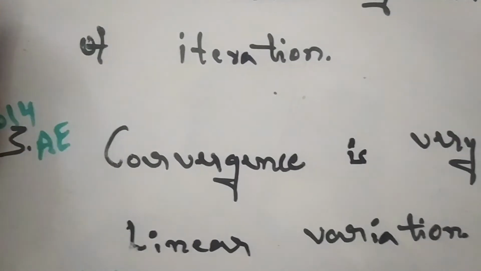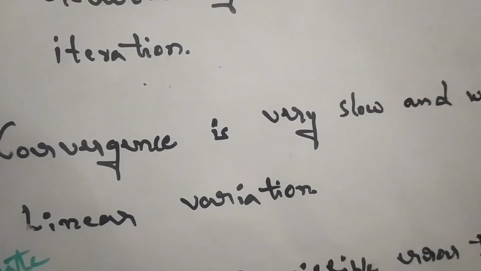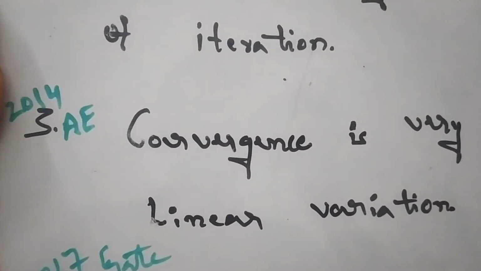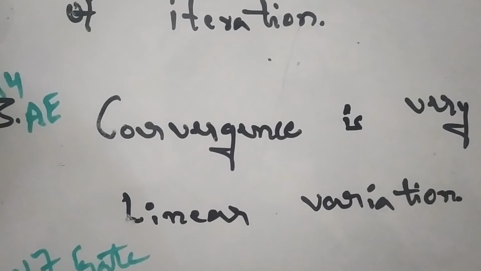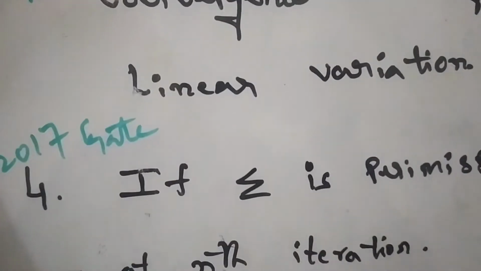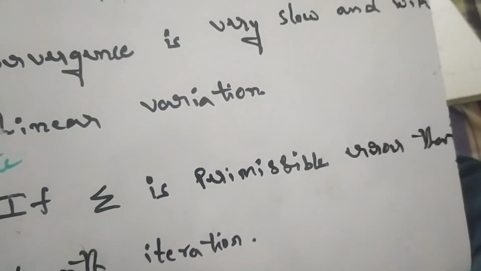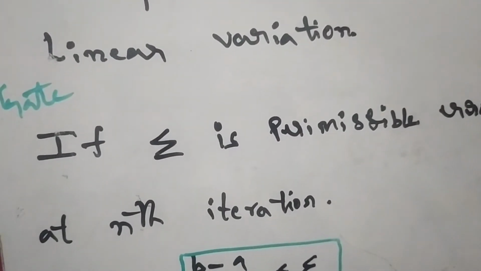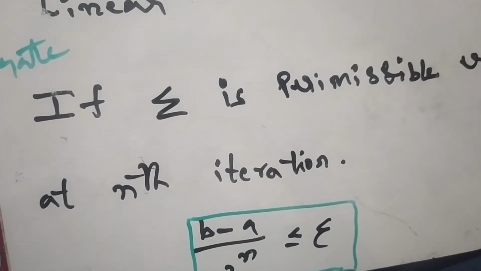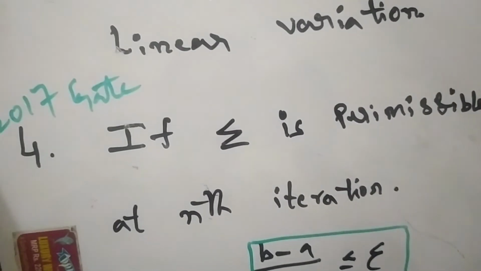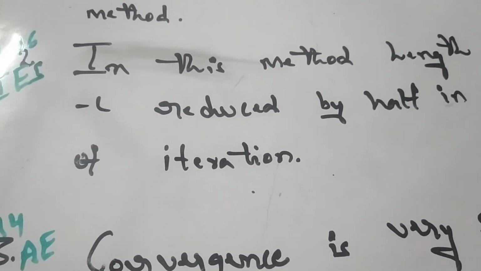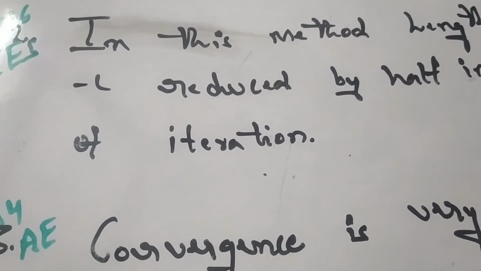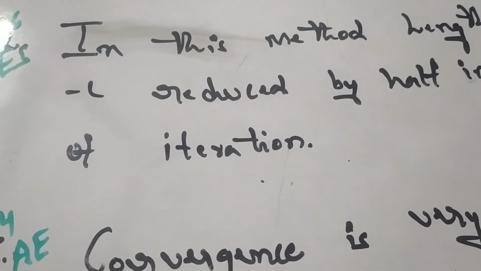Next, convergence is very slow and linear. This was asked in the 2014 assistant engineering examination and 2015 ISRO examination. Last point, if the error is permissible, then at the nth iteration (b minus a) divided by 2 to the power n is less than or equal to the error. This was a 2017 GATE 2 mark question. These are very important; just remember these points when going to the examination. It is helpful for 1 or 2 marks.